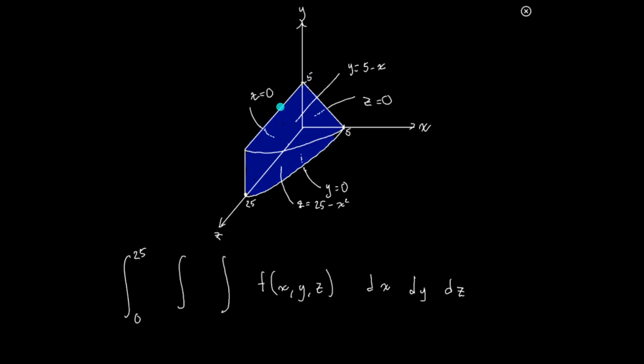What is this line? This line is y equals 5. So y goes from 0 to 5, because no matter what z is, y is always going to be equal to 5.